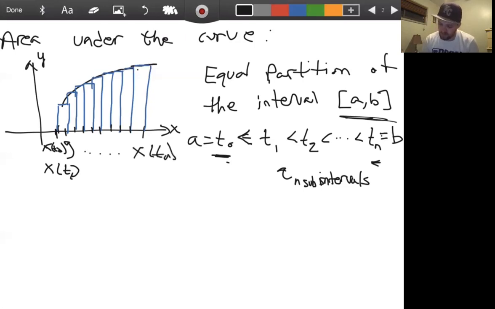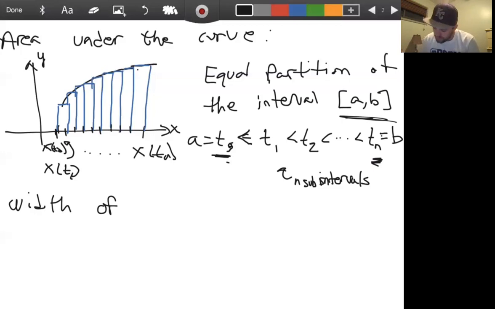And so then what is the width of one of these rectangles? So let's take this partition here, and we can introduce an index for the subscript here. So let's say that our index is i, and i is ranging from 0 to n, okay? Or how about 1 to n?